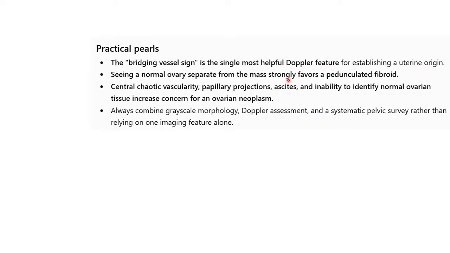Seeing a normal ovary separated from the mass strongly favors a pedunculated fibroid. Central chaotic vascularity, papillary projections, ascites, and inability to identify normal ovarian tissue increase concern for an ovarian neoplasm. Always combine grayscale morphology, Doppler assessment, and systematic pelvic survey rather than rely on one imaging feature alone.